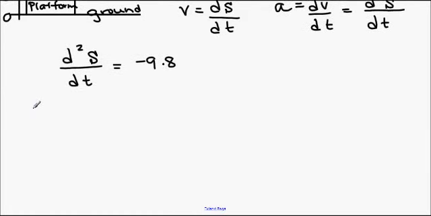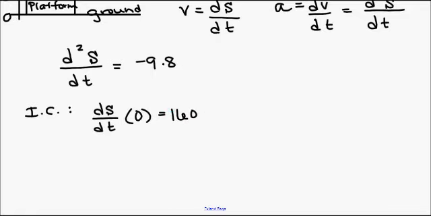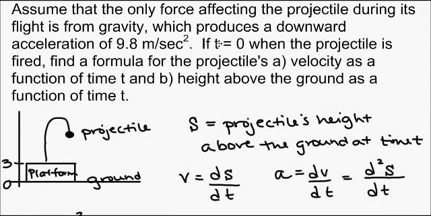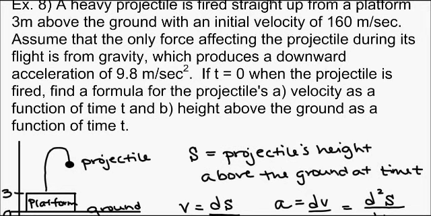Our initial conditions: we know that the initial velocity at time 0 is 160, so initial velocity of 160 meters per second.